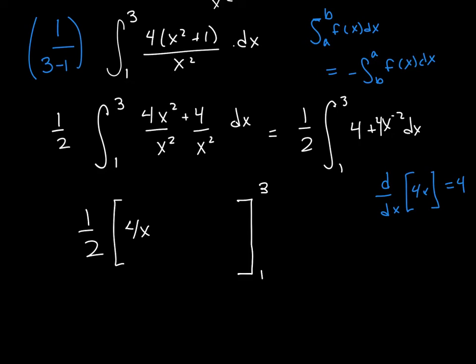Same thing here: the derivative of something would have to equal 4x squared, the exponent would be negative 1. It would be 4x to the negative 1 because you subtract 1, correct? And then you would be dividing by negative 1. So this gives you a negative 4x to the negative 1.